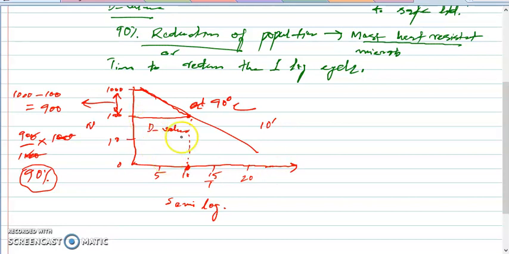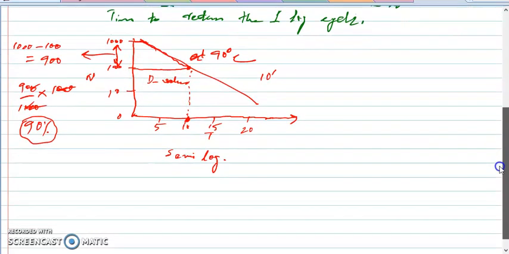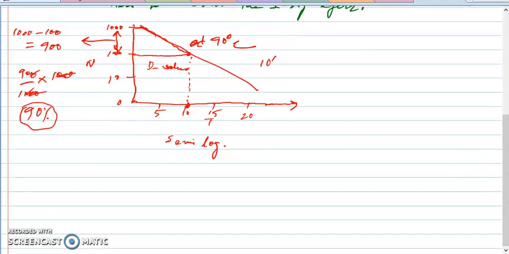So mathematically we can write this: log N naught, which means initial population, minus log N, final population, is equivalent to t, time required, divided by D, which is decimal reduction time.